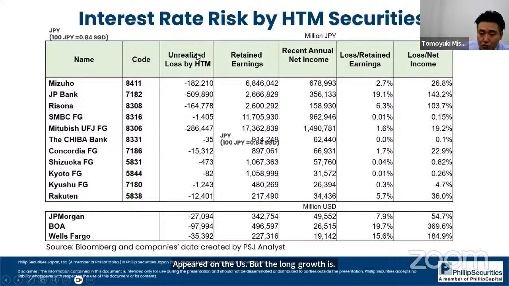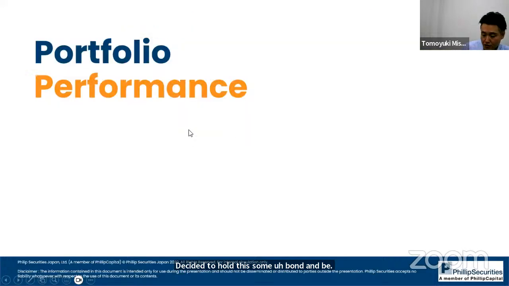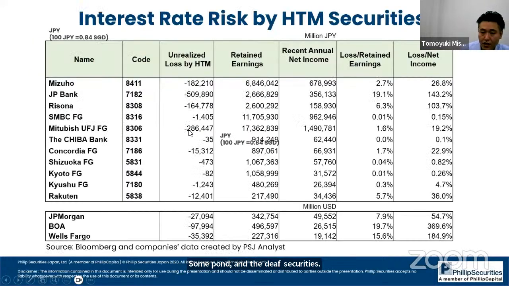We also want to see the interest rate risk from held-to-maturity securities. If a bank or business company decides to hold some bonds and debt securities, their gain and loss does not appear on the income statement.